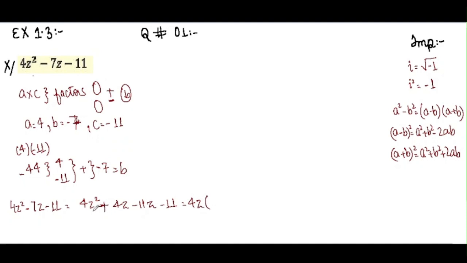Inside the bracket we write z, since 4z is taken common, plus 1, and minus 11 is taken as common, so we get z plus 1. Now we are going to write it as z plus 1 as it is, and then this term is written as 4z minus 11. So we have changed this quadratic polynomial into these two linear factors. Thank you so much.